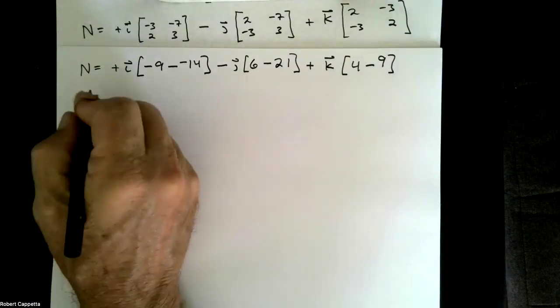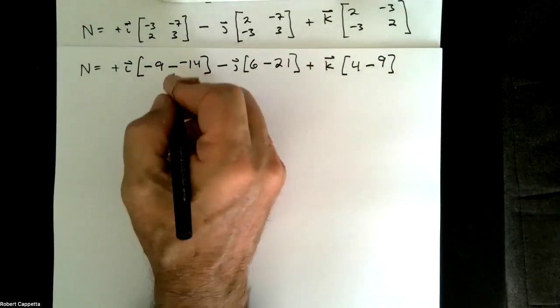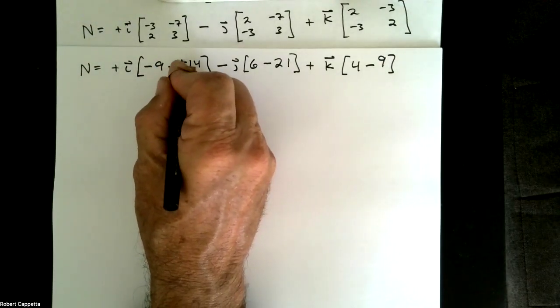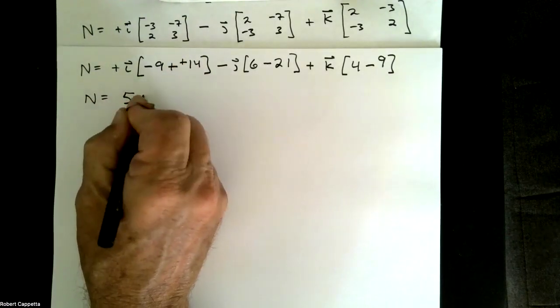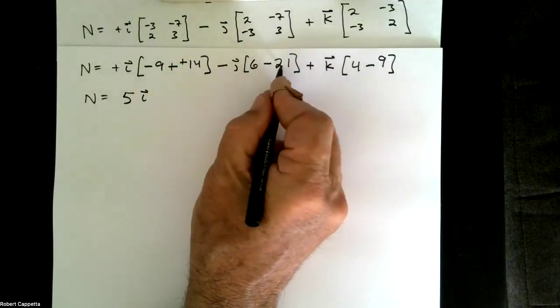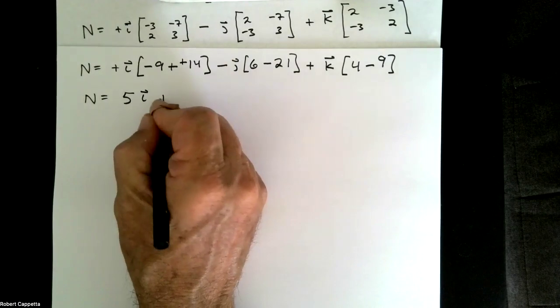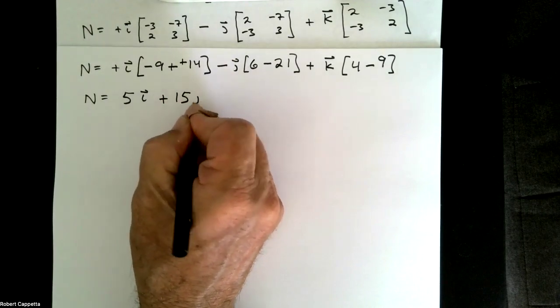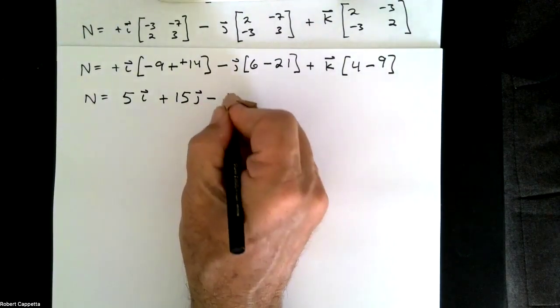So what is this going to give us then? -9 minus -14 is the same thing as -9 plus 14, or 5i. 6 minus 21 is -15, times -1 would be plus 15j. And then 4 minus 9 is -5k.